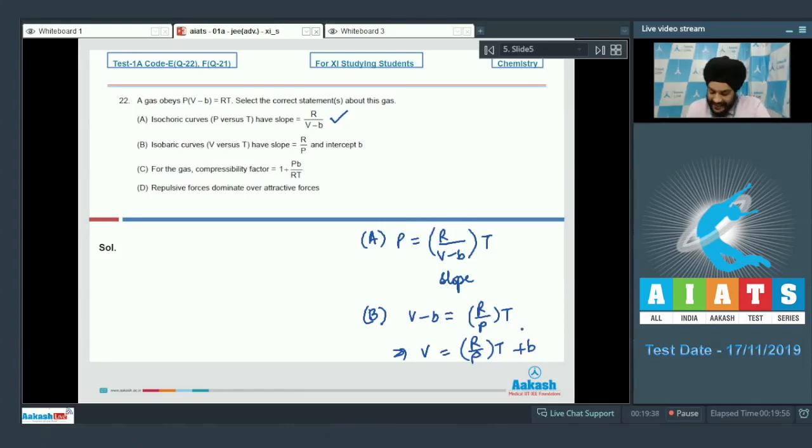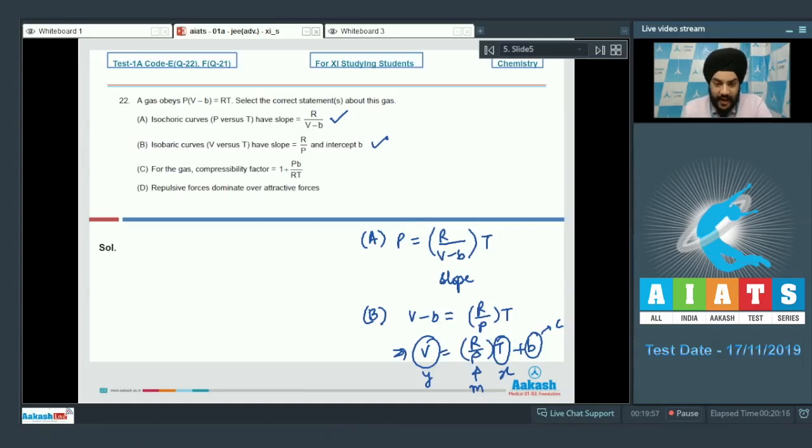Okay. Students, we can see that this is plotted on the y-axis, whereas this is plotted on the x-axis. So this must be equal to the slope m and this should be equal to the intercept. Students, the intercept is equal to b and the value of slope is equal to R by P. So students, the second statement is also correct.